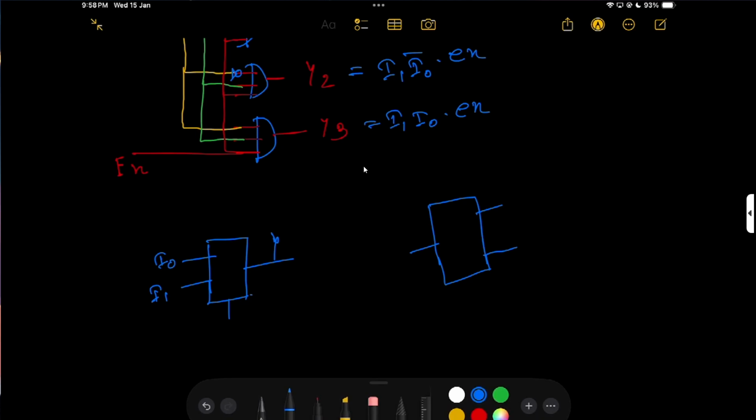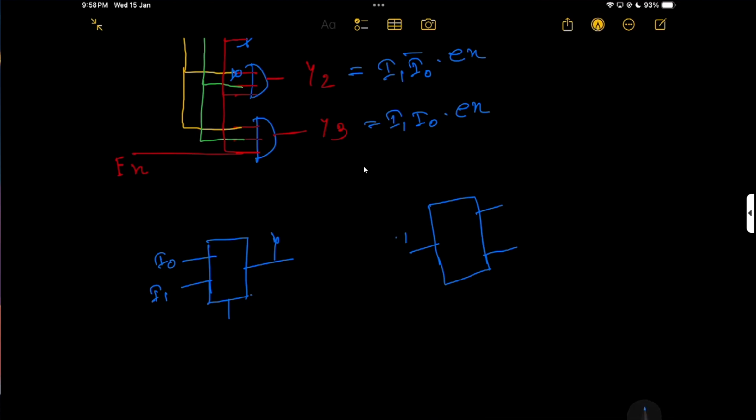Here is my input I and here is my Y0, Y1. Another way, here is my select line, here is my input, and here is my output of the decoder. So it should behave like this.